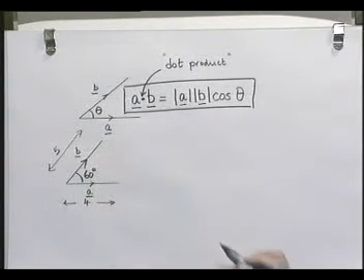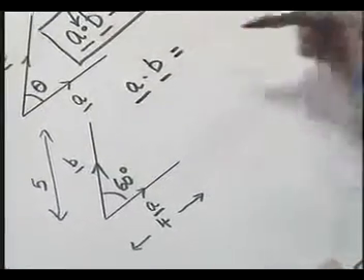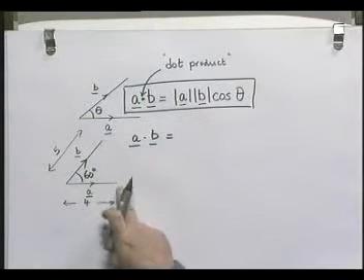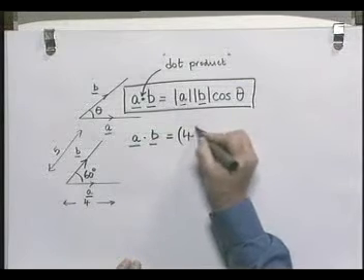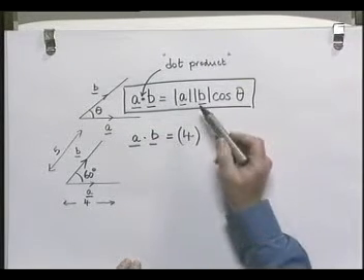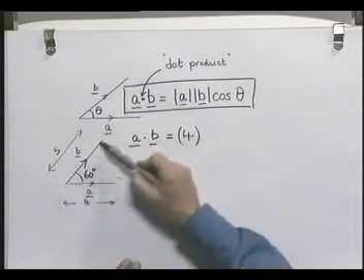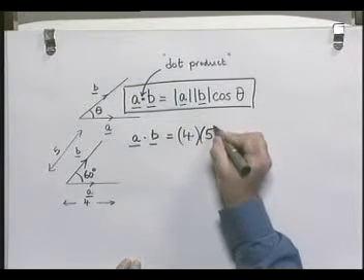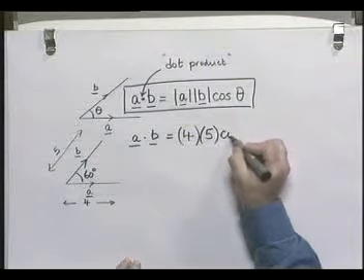A dot B will be, well, it's the modulus, or the length of the first vector, which is 4, multiplied by the modulus, or the length of the second vector, and the length of the second vector is 5, multiplied by the cosine of the angle between the two.